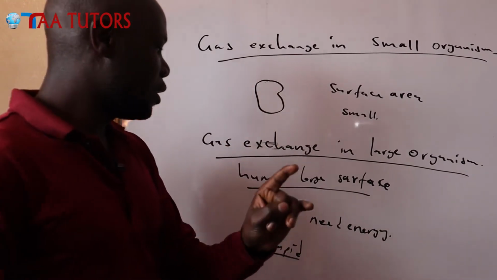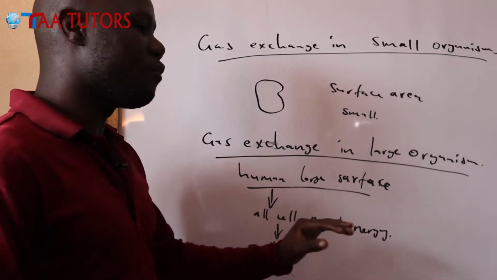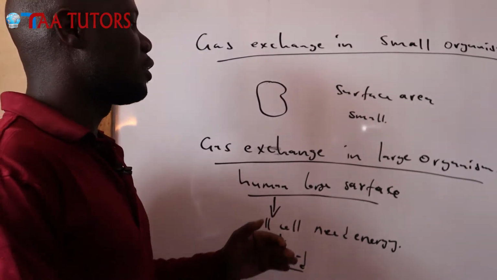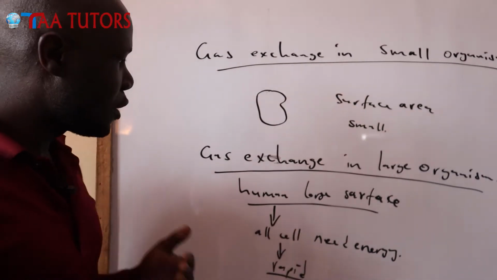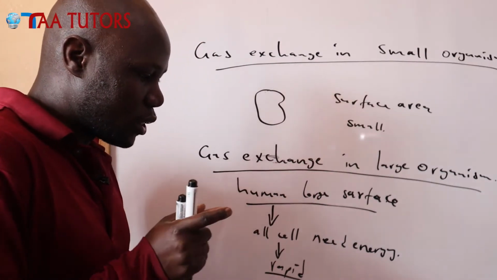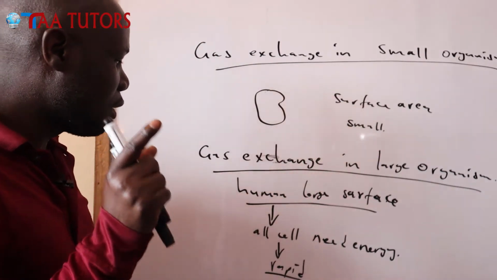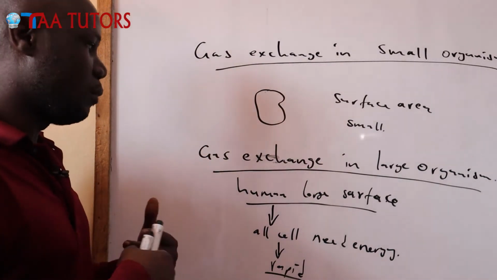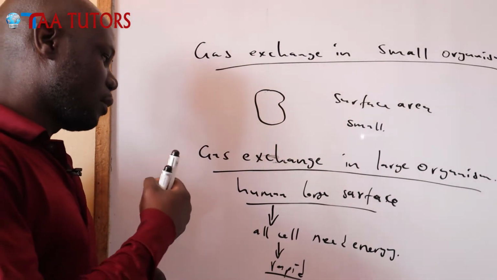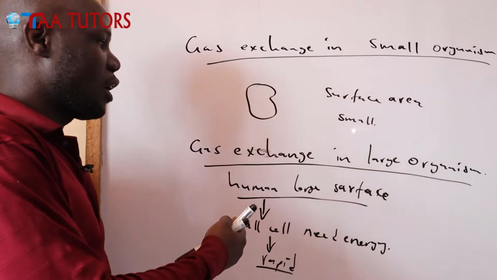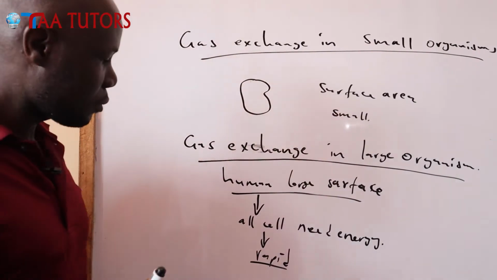Now, for the nutrients and oxygen to reach these very many cells in good time, it must be quick enough. And since we are exposing a small surface area to the surrounding, that means that this group of organisms will need a system which will enable them to make these materials move a little bit more quickly than it might have happened through simple diffusion.